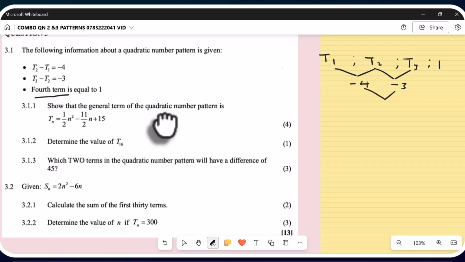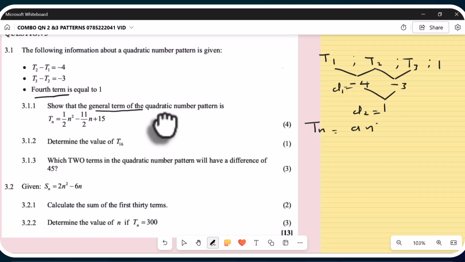So D2 is 1 and D1 is negative 4, and any quadratic has Tn equal to an squared plus bn plus c. Our task is to find this general term.